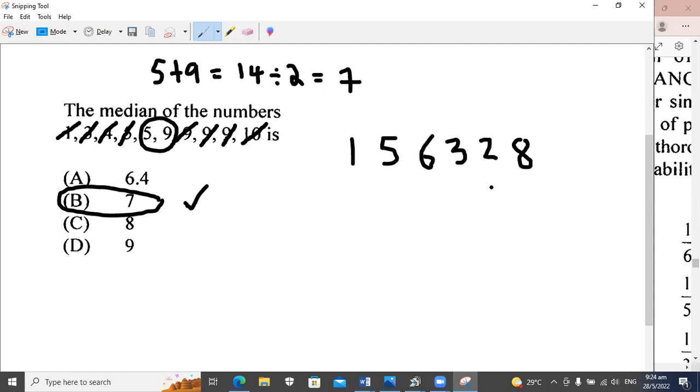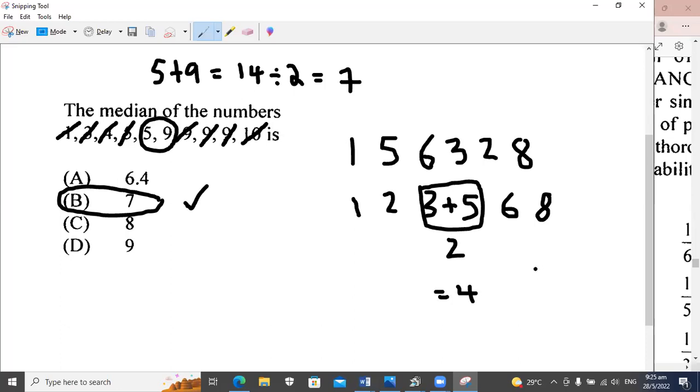If I ask you to find the median of this data set, you have to put them in order, from small to big: 1, 2, 3, 5, 6, and 8. Then you find the median. You have to add again, 4, and divide by 2. You get 4.